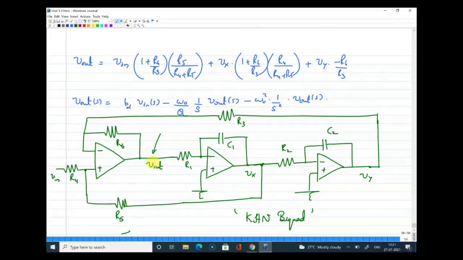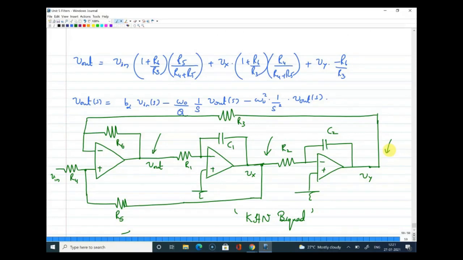Now if you take the output from this point Vx, or from Vy, you will get the other two responses. What are the other two responses? You will get a band pass filter response, and you will also get a low pass filter response from the other two outputs, which we will see shortly. So the biggest advantage is that with this single KHN biquad, you can realize low pass, high pass and band pass filters.